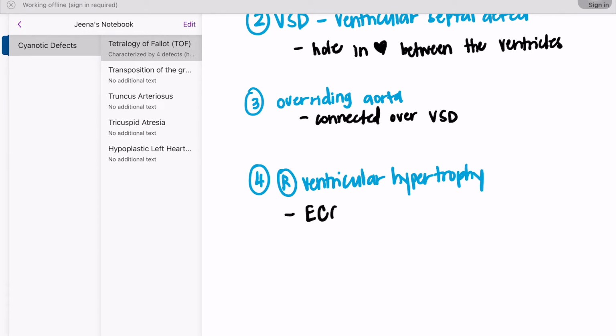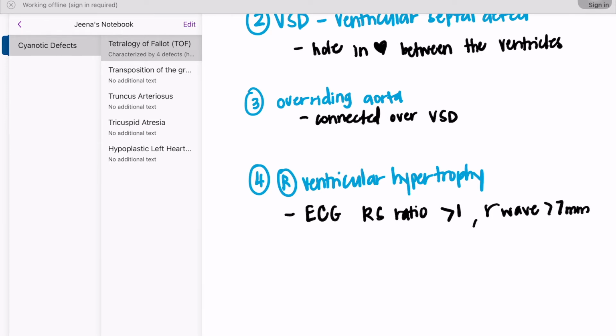The ECG will show an RS ratio that is greater than 1, or you'll see the R wave taller than 7 millimeters.